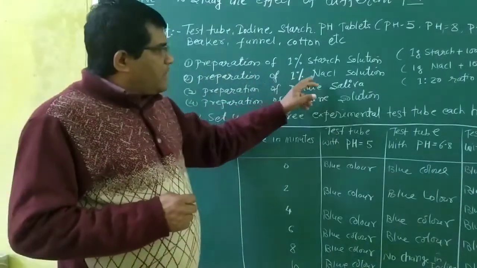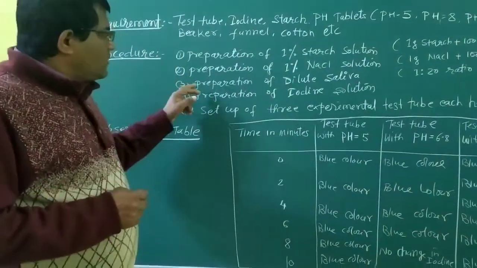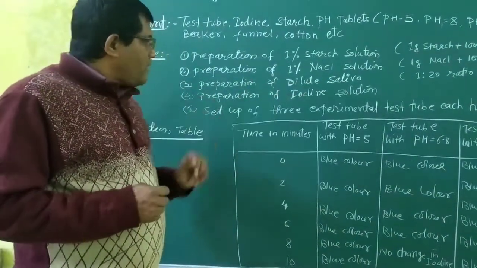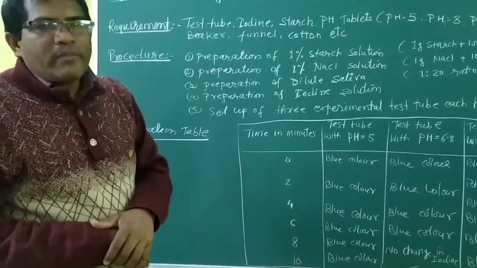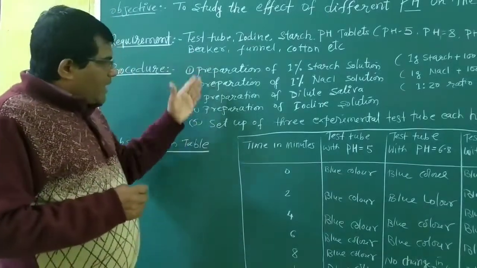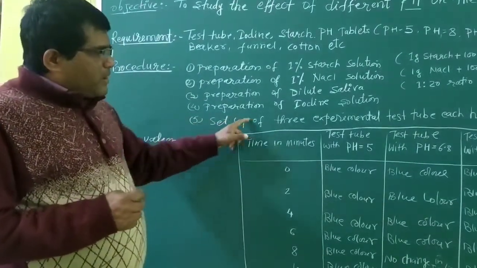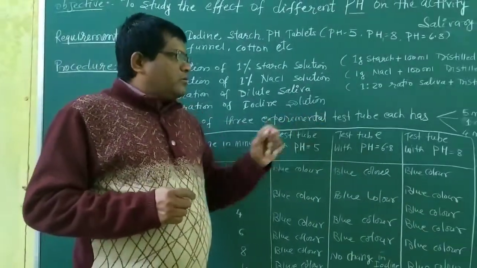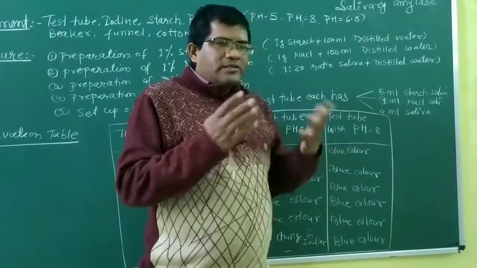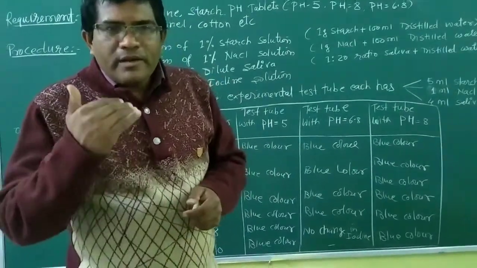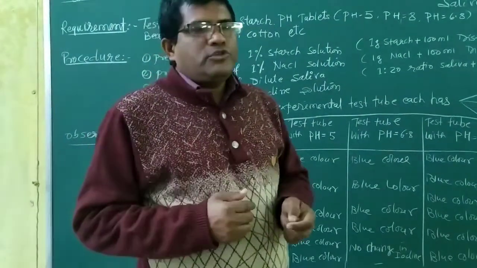Then preparation of 1% NaCl solution, preparation of dilute saliva, and preparation of iodine solution. These are the basic requirements for the experiment. After preparation, we set up 3 experimental test tubes, each with a different composition. So now we discuss the basic requirements and procedure, children.